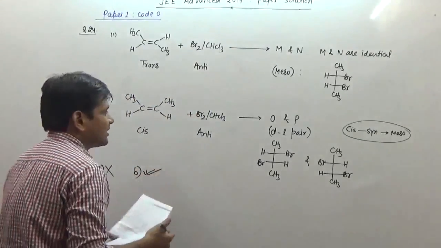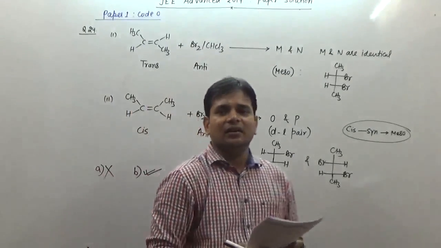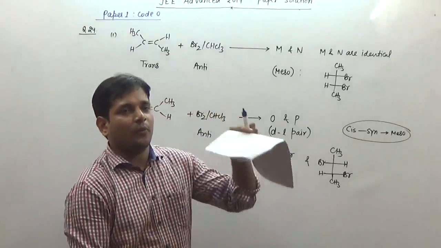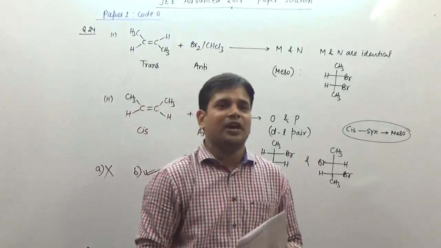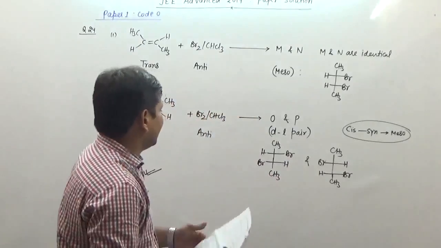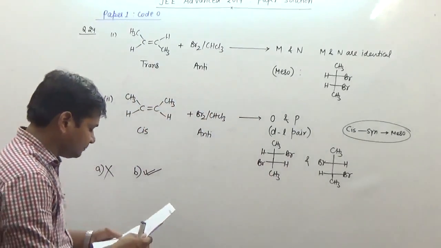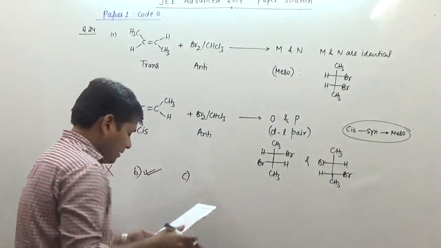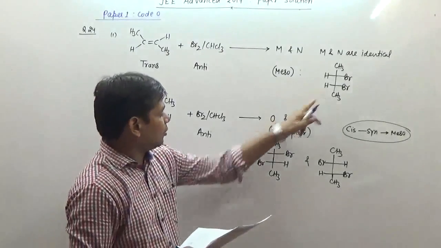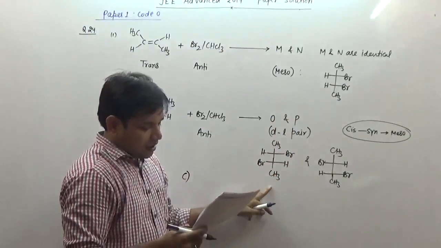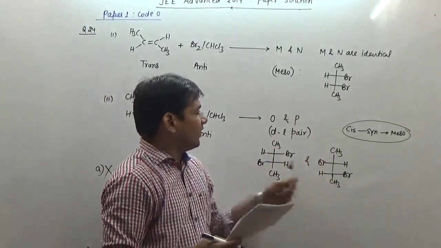Trans or anti means Br minus and Br plus will be attached from opposite sides. If syn addition is happening, it means Br plus and Br minus are attached from the same side. C option is M and O, and N and P are pair of enantiomers.